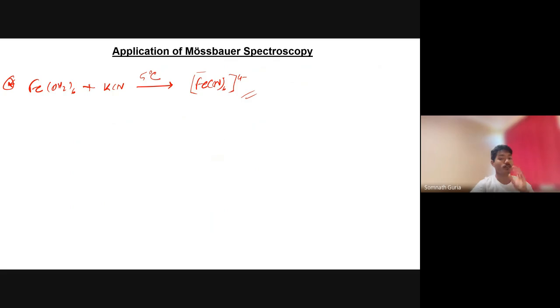So first of all, coming to the Fe(OH2)6, this is Fe2 plus overall. So we have an Fe2 plus system. And what is it, a weak field ligand? Fe2 plus d6 with a weak field ligand.